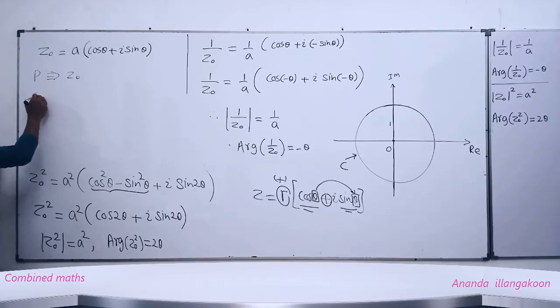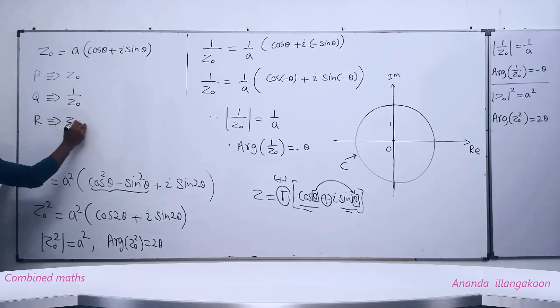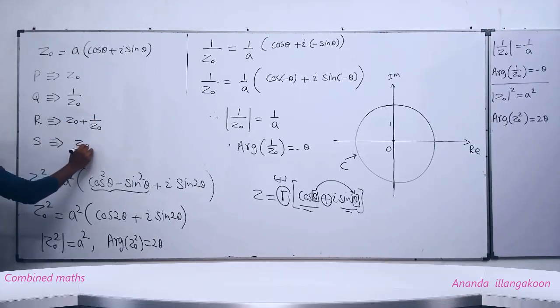The point Q represents the complex number 1 upon Z naught. And point R gives the complex number Z naught plus 1 upon Z naught. And point S gives the complex number Z naught square.